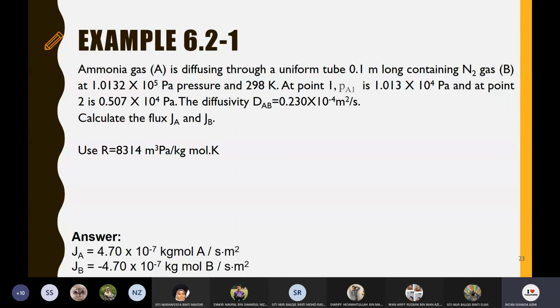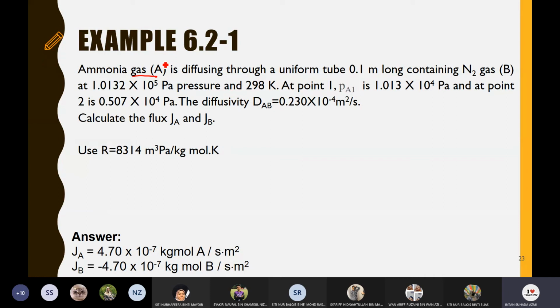Okay, you can read first this question. Actually, the question is just the same like the example before this. Just you have to find two fluxes for A and B. Okay, ammonia gas.